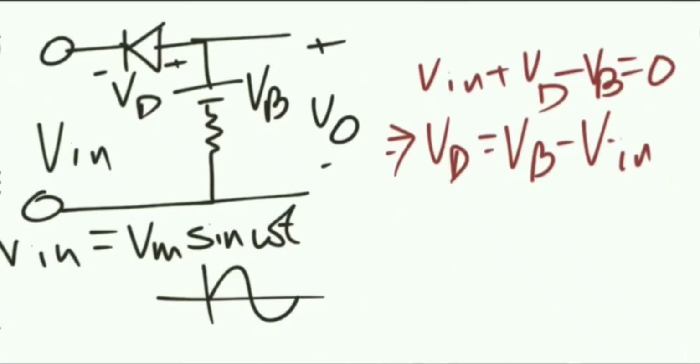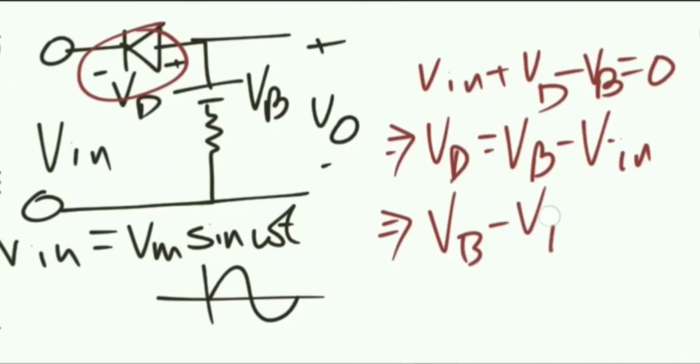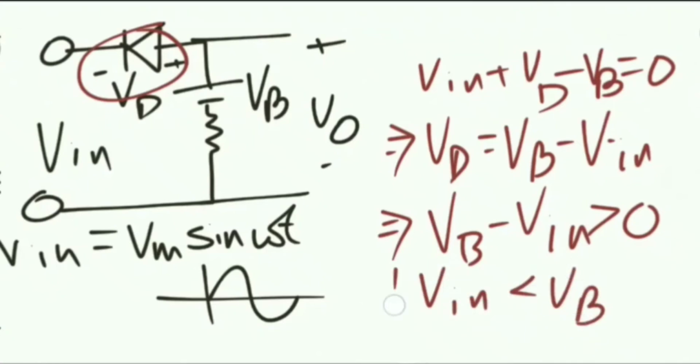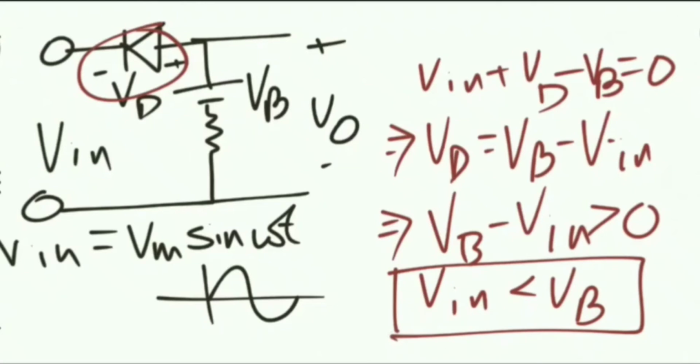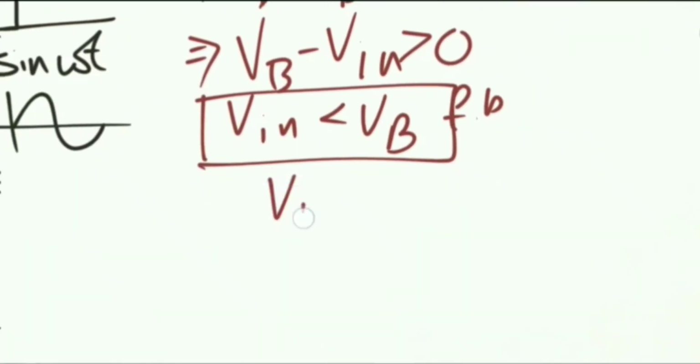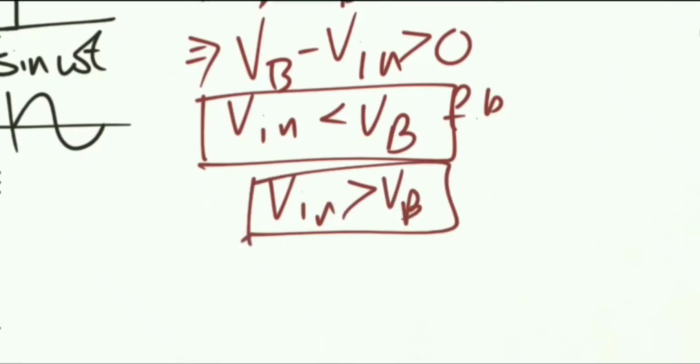So for the diode to be in forward bias, the polarity should be the same as this, and for that case Vd should be greater than 0, that is Vb minus Vin should be greater than 0, that means Vin must be less than Vb. So this is the condition for forward biasing. Similarly for Vin greater than Vb, we will have reverse bias.